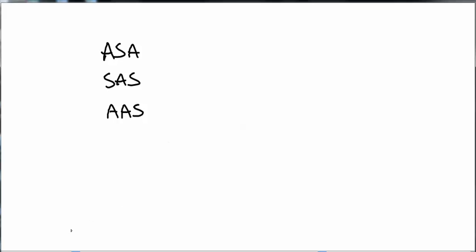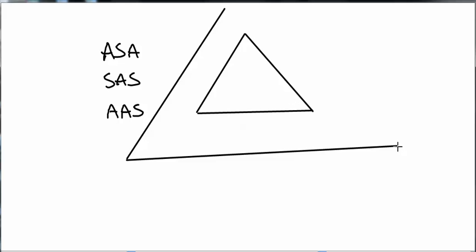Because look, in angle, angle, angle, if you had this, this could be 60 degrees, and 60 degrees, right? They could all be 60. Now, take this triangle and pretend that I didn't run out of room up there.